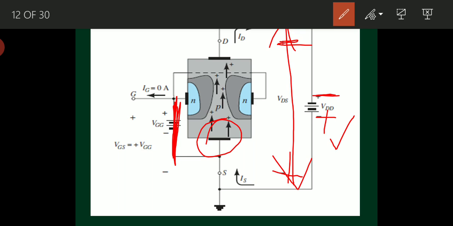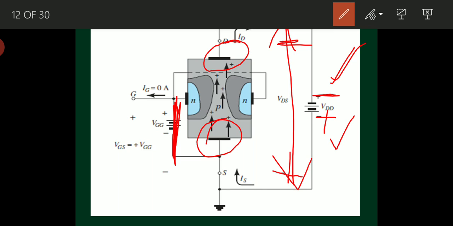So it forward biases the P-type material there at source. The same material is present at the drain terminal. The drain terminal is also P-type semiconductor substrate, and I am giving a negative voltage here.